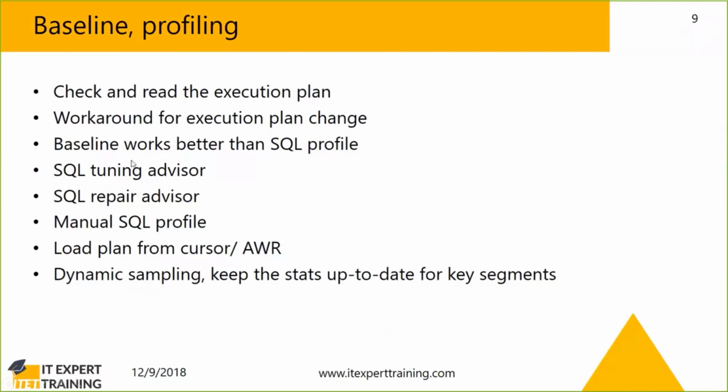You take advantage of SQL tuning advisors, repair, and then manual SQL profiling, which is different from the SQL profiling. A manual SQL profile is something we can use without modifying the query. If you know the query is behaving badly, and you test it with certain hints, and some application team doesn't want to do any code change, like if you want to put parallelism, or if you want to tell the optimizer to use different indexes, some application team may not agree to do a code change, because to hint it you must do some code change at the application level.